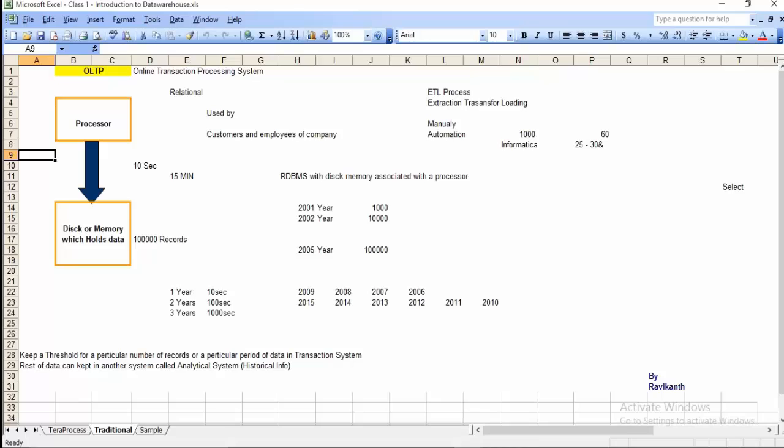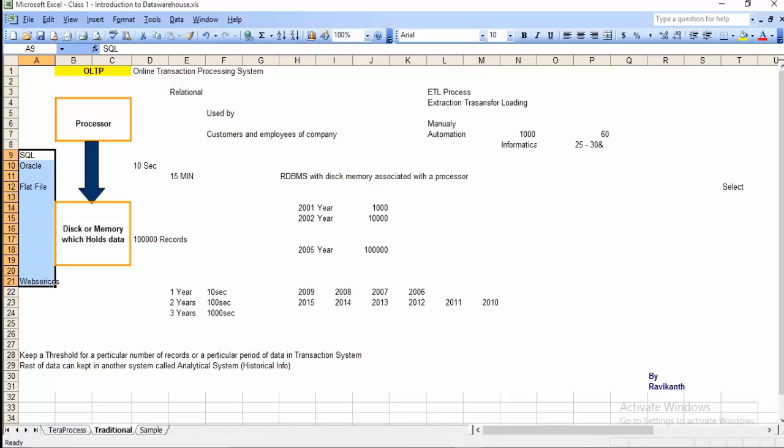Some data might be stored in SQL, different kinds of data in Oracle, or employee expenses in simple flat files like Excel or Notepad. Some might be stored as web services, XML, etc.